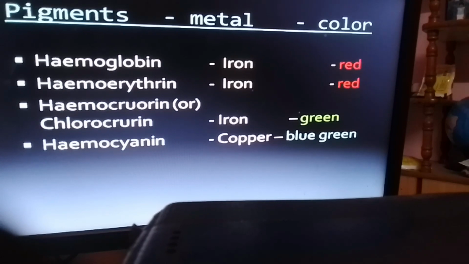And one more, hemocyanin. Here the metallic component itself is different: copper. Along with this, there are polypeptide chains to make it an oxygen carrying molecule. And it gives a blue-green color to the medium where it is.